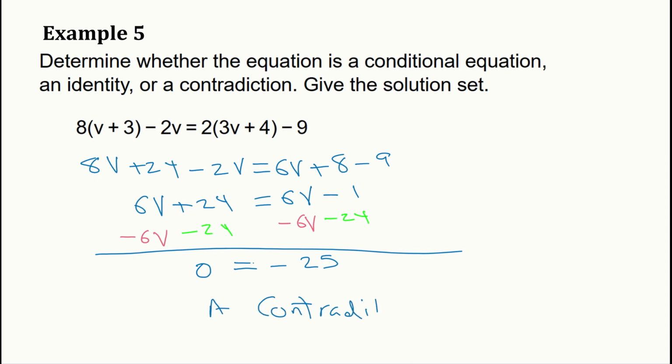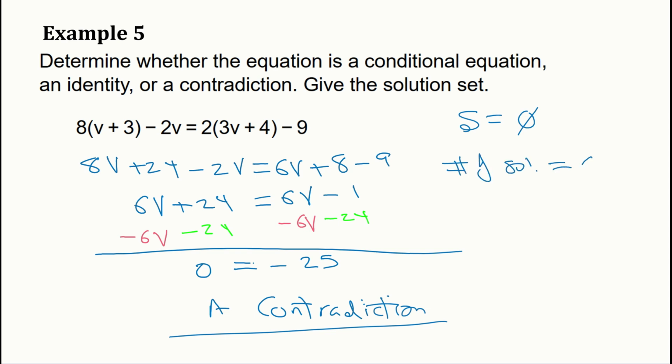So that means the original equation is also a contradiction. And the solution set is empty, and the number of solutions here is 0. Remember, not the solution, but the number of solutions. Okay? So there you go.